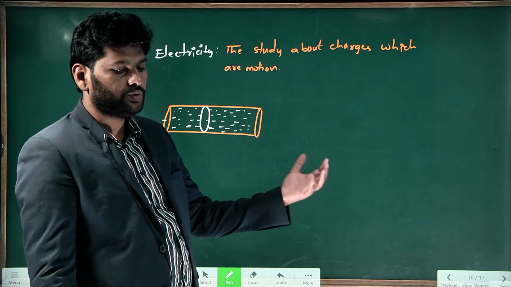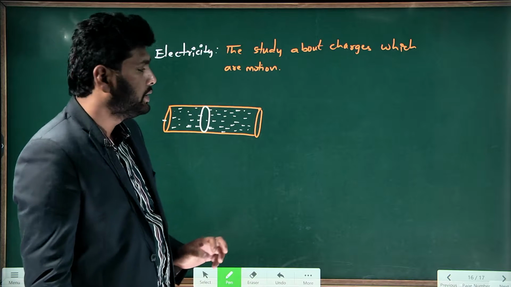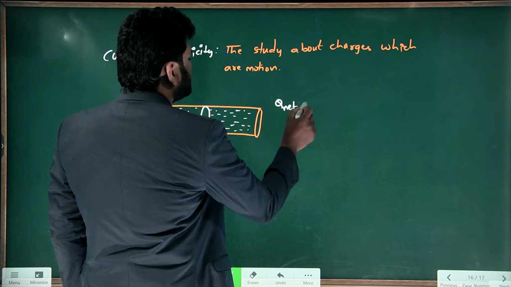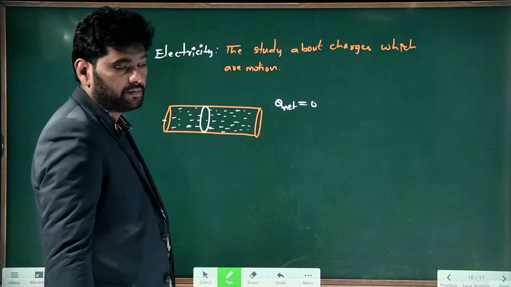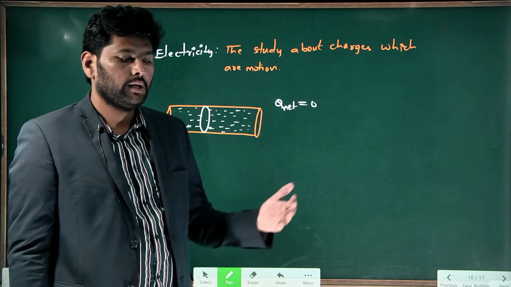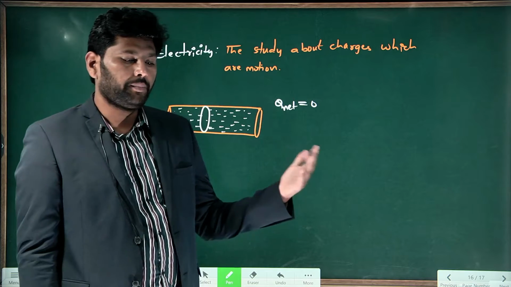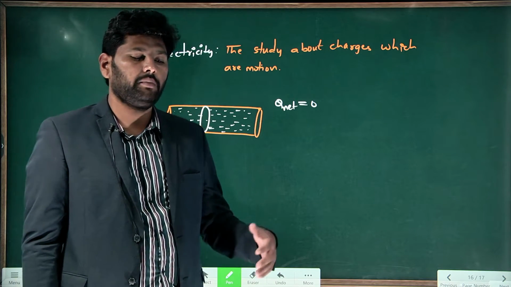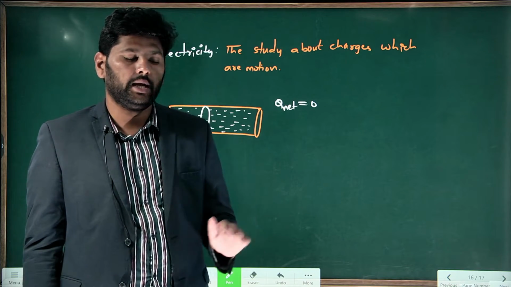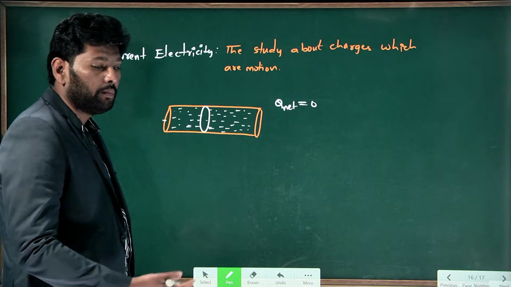Because of the randomness of the charges, you cannot observe any net charge flow through the cross section. So because there is no connection and no power source, you cannot find any charge flow.